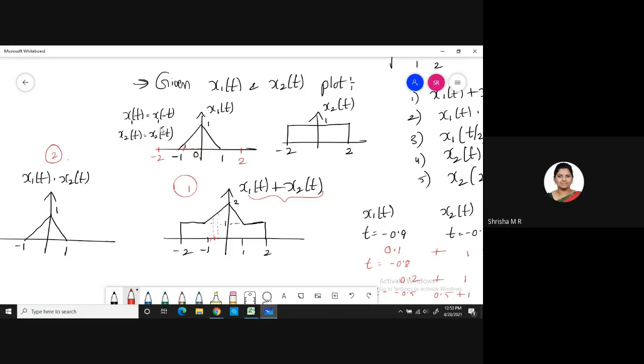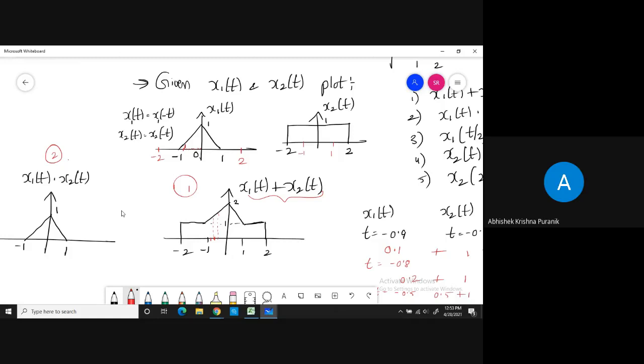From -2 to -1 you check: you have 0 here and 1 here, and 0 into 1 would be 0 only. Again from 1 to 2, it is 0 into 1, which is 0. The overlapping space is this waveform. Got it?